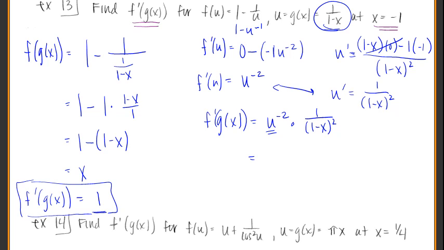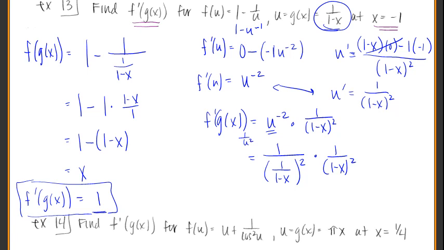Well, u to the -2 is 1 over u squared, so I'm going to go 1 over my u value, which is 1 over 1 minus x. So that's 1 over u squared times the 1 over 1 minus x squared.